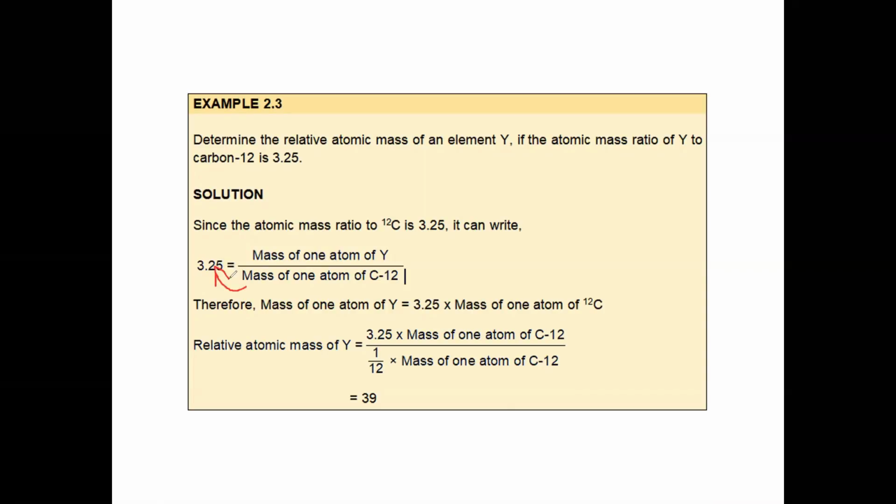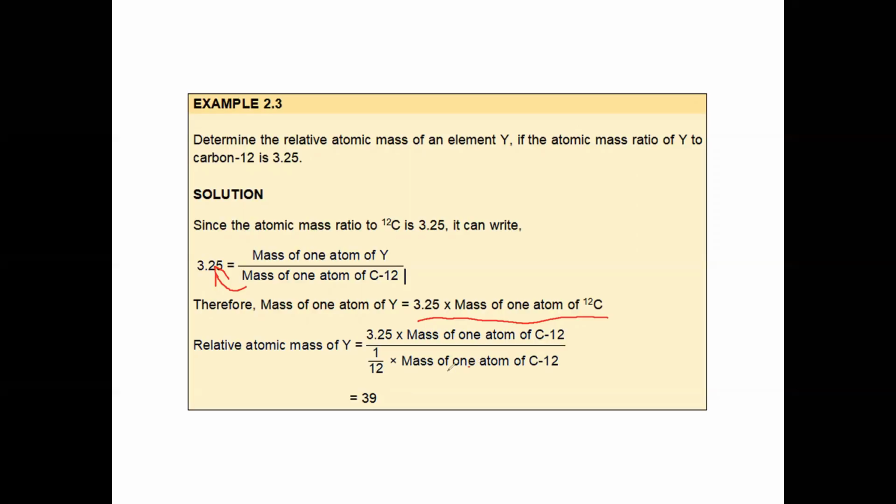So the mass of one atom of Y is equal to 3.25 times mass of one atom of carbon-12. So, we put it back into the formula. So, relative atomic mass of Y is equal to 3.25 times mass of one atom of carbon-12 divided by 1/12 times mass of one atom of carbon-12.